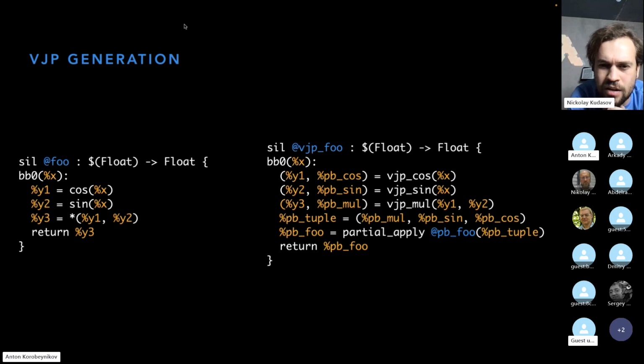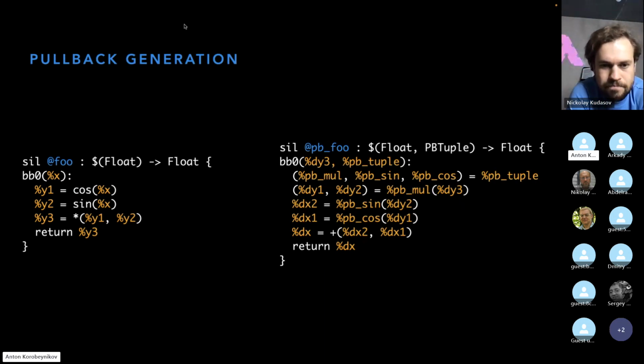It doesn't, because it's different code. You see that cosine and sine both depend on the input argument. Okay, I didn't notice. Thank you. So here we need to differentiate both sine and cosine.